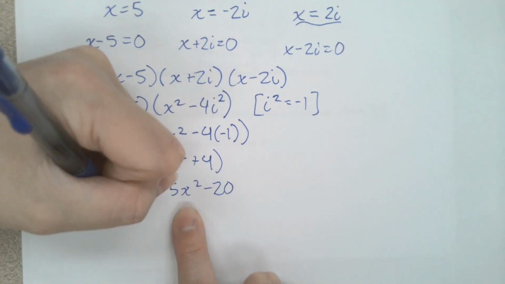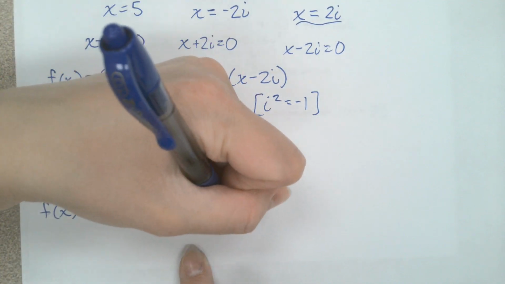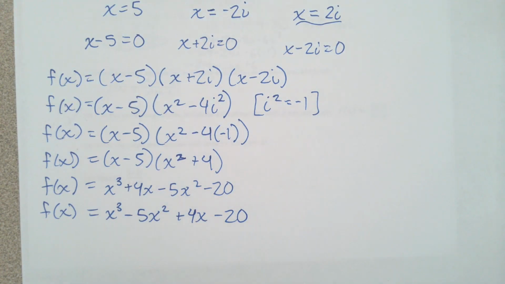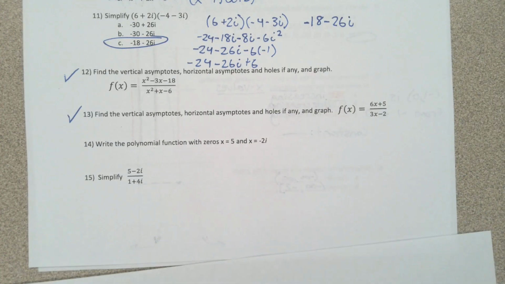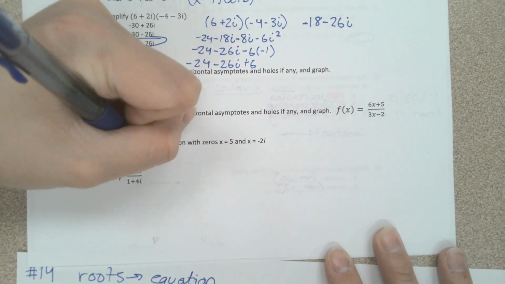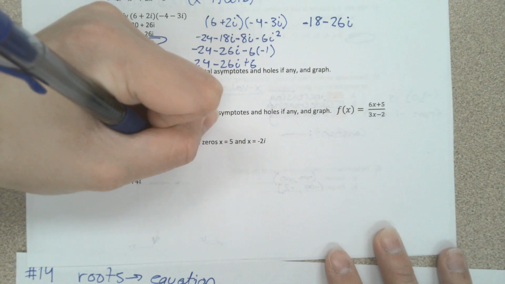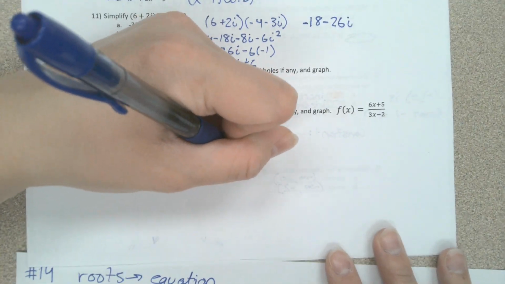X cubed minus 5x squared plus 4x minus 20. And that should be all of it. So I'll write that down as my final answer. F of x equals x cubed minus 5x squared plus 4x minus 20.